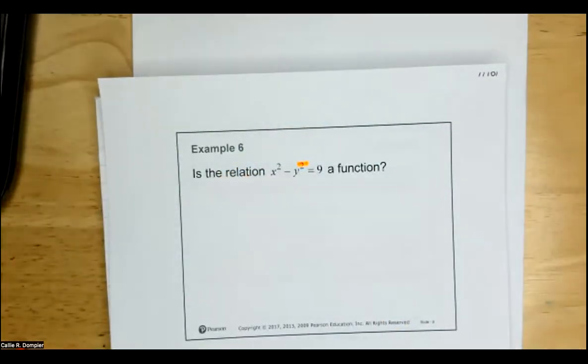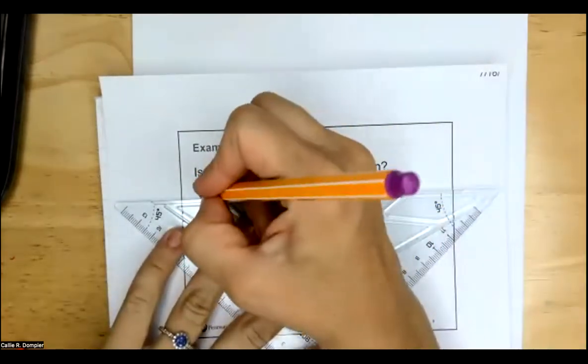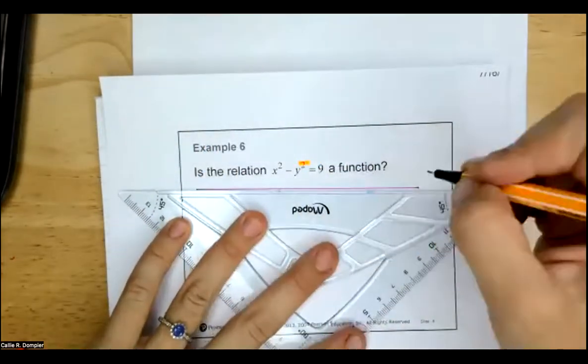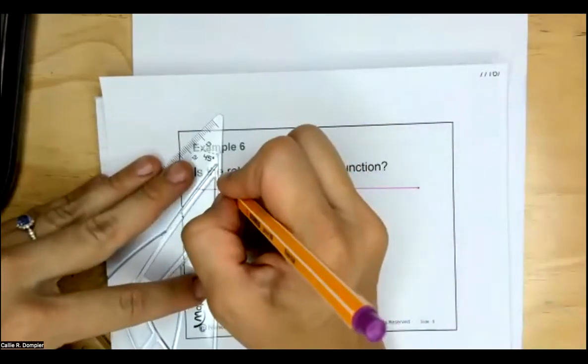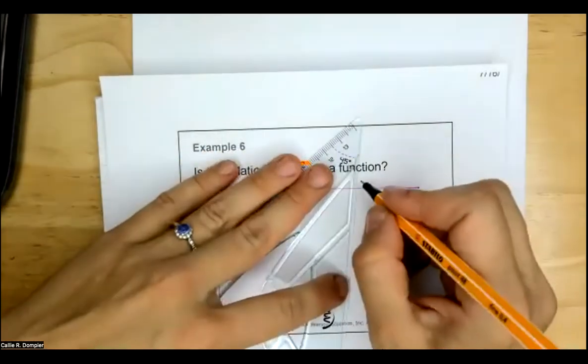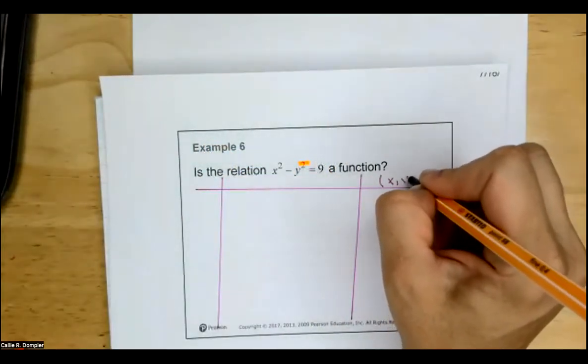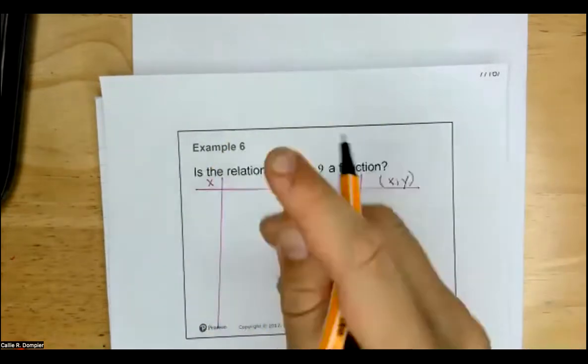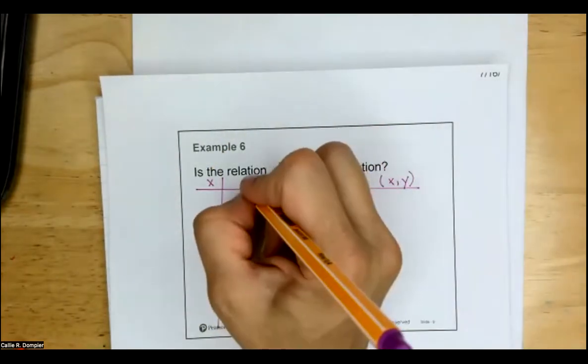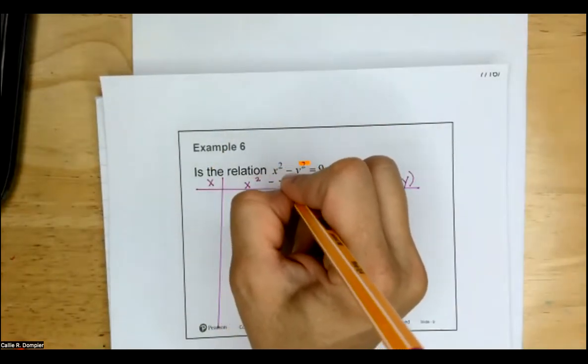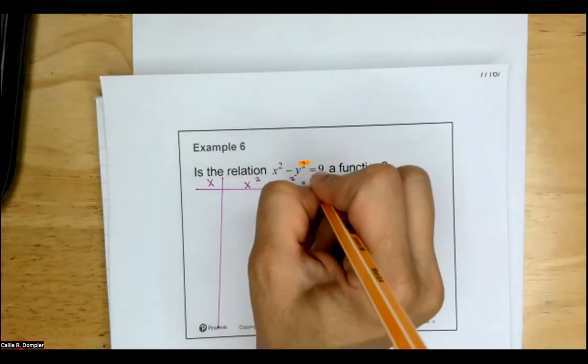It's a long one, and I'm going to show you how to find the answer very quickly on Desmos, but just for the sake of math, right? So here's our x, y, here's the equation. X squared minus y squared equals 9.